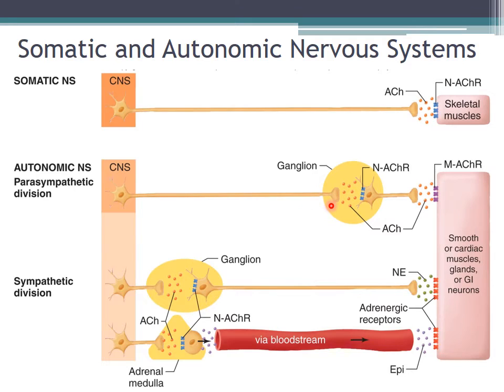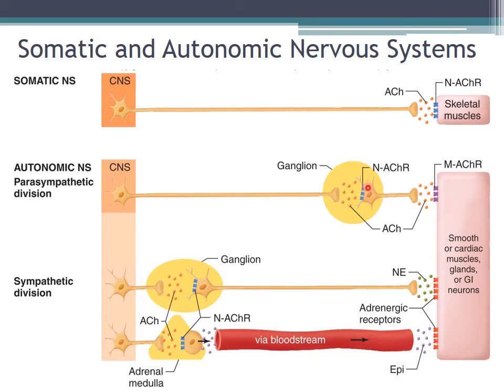Now that preganglionic neuron is going to release the neurotransmitter acetylcholine. And inside the ganglion, that acetylcholine is going to bind to nicotinic acetylcholine receptors on this second neuron called the postganglionic neuron. Now, just like we saw before, the nicotinic acetylcholine receptor is excitatory because it's a ligand-gated sodium channel.